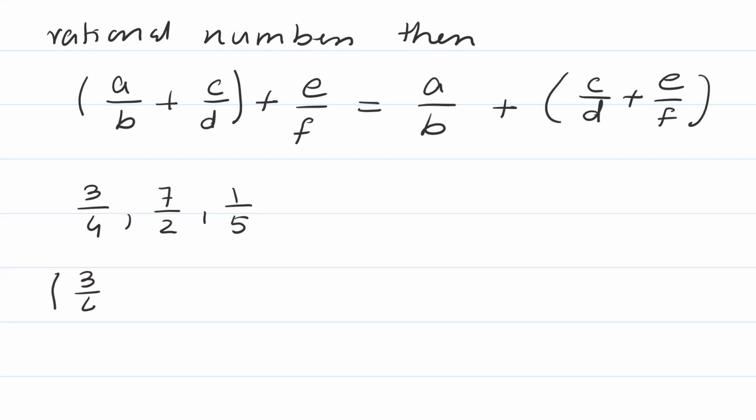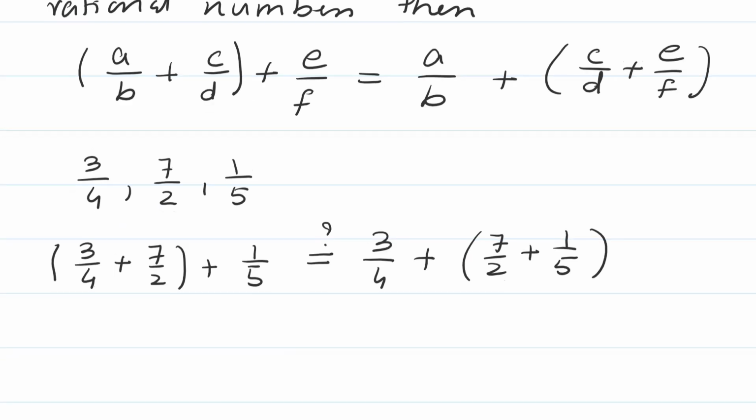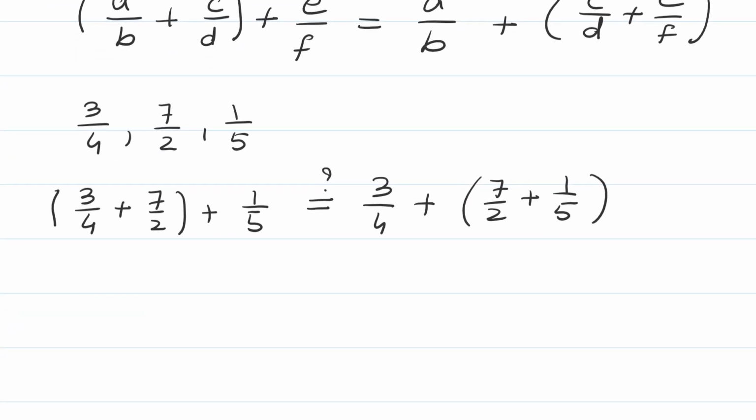First we'll combine 3 by 4 and 7 by 2. And then we'll add 1 by 5 to this result. And then we'll show that this combination is same as first add 7 by 2 to 1 by 5. And then add result of this to 3 by 4. We'll show that LHS and RHS are equal.